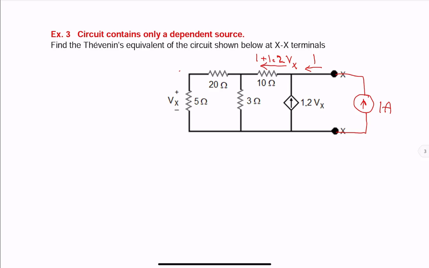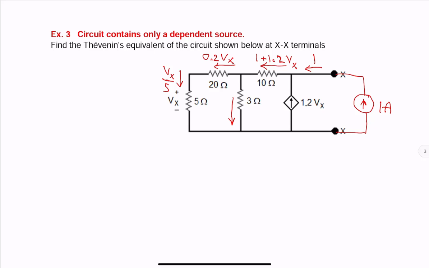Current going down through 5 ohm resistor is voltage over 5. We're using passive sign conventions. So here we have Vx over 5. In other words, 0.2 Vx, same on the top, 0.2 Vx. Kirchhoff's current law, let's use it again.